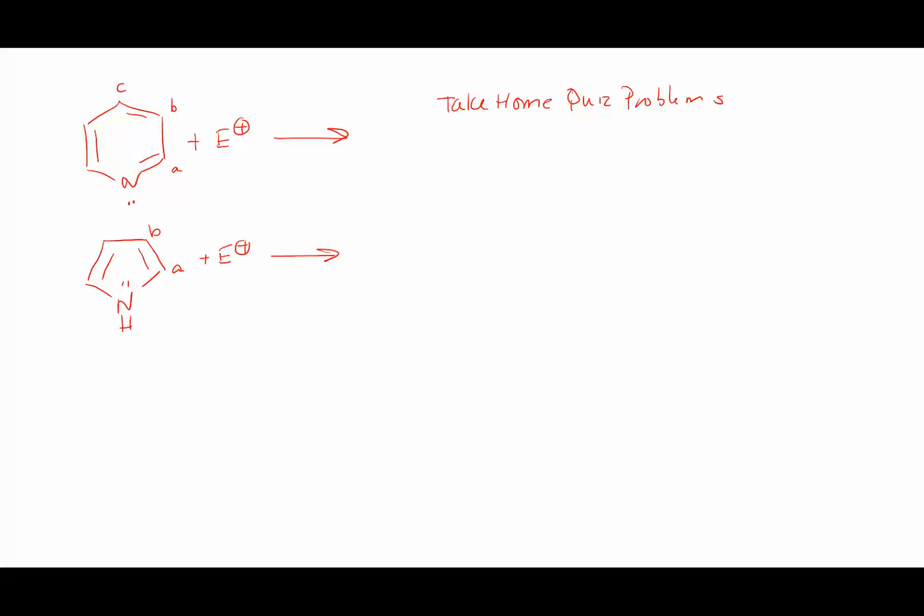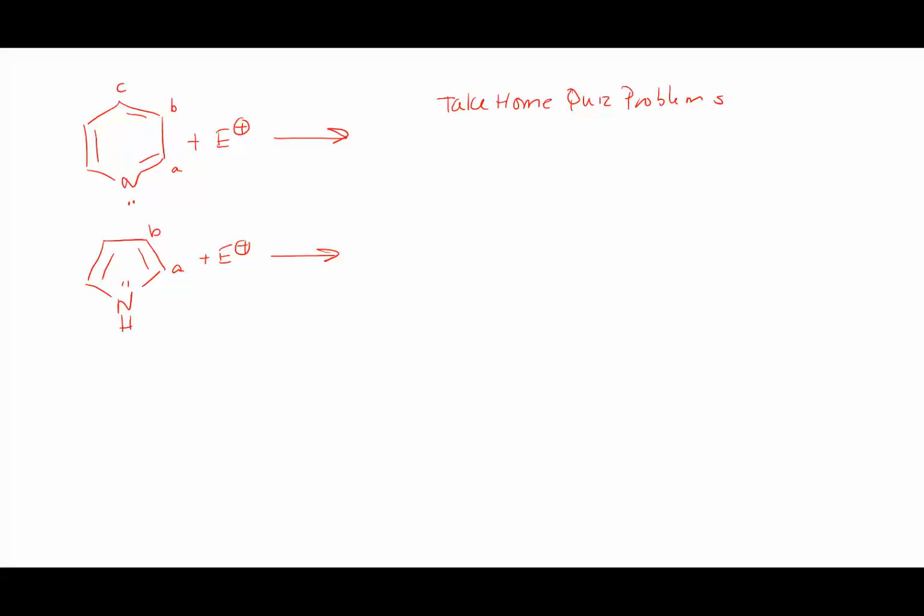So what are you going to do? You're going to add the E plus to carbon A and write all the resonance structures. Put it on B. I mean, this is very similar to... When's the last time we had to do this? The exam.